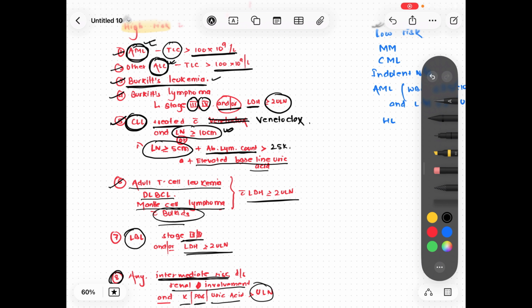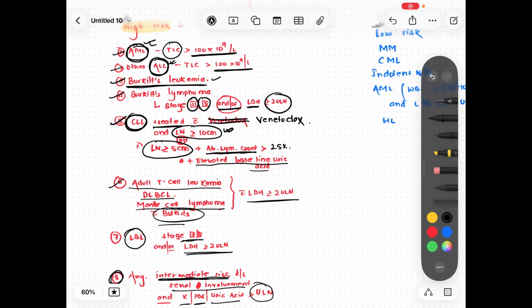So any leukemia, AML or ALL with total leukocyte count more than 1 lakh. First is leukemia more than 1 lakh. Second is Burkitt lymphoma. Third one is Burkitt lymphoma, not leukemia. Burkitt lymphoma is stage 3 and 4 with LDH more than 2 times upper limit of the normal.